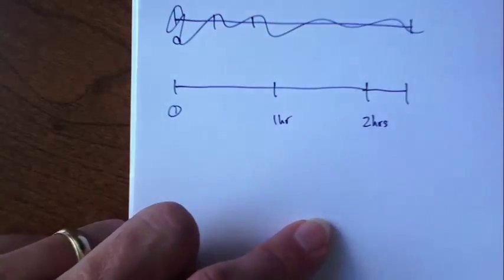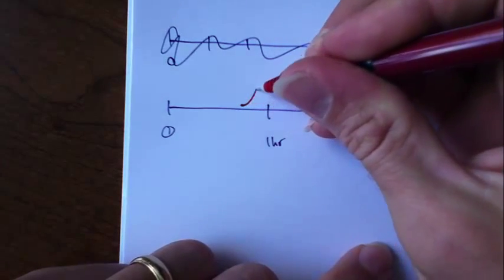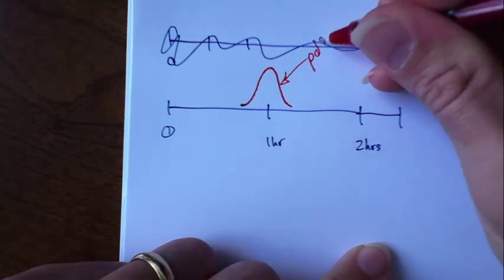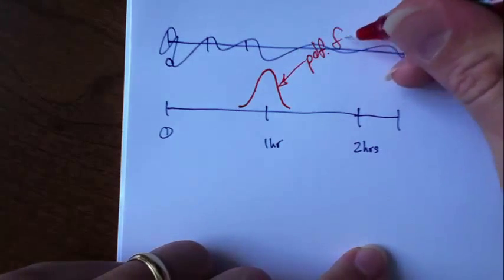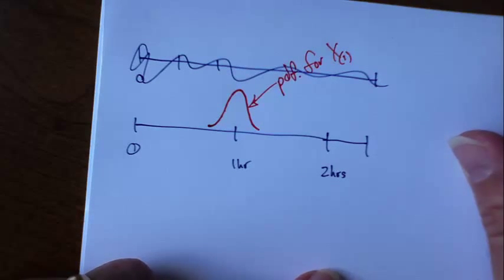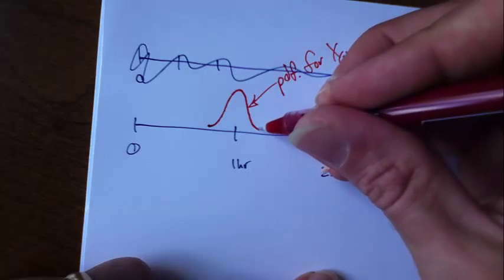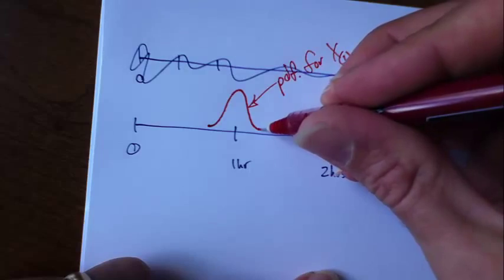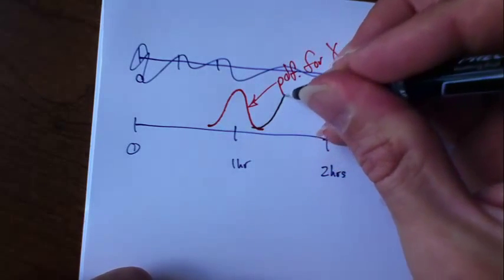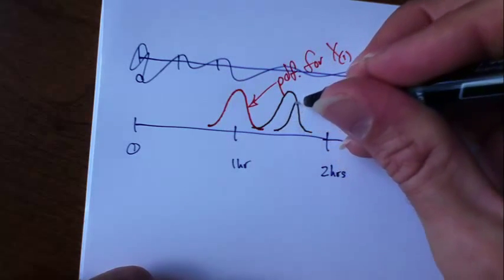So the idea is that if you're looking at maybe the PDF, maybe this is the probability density function for x1. Okay, something like that. And then maybe the PDF for x2, the marginal, is like there, and maybe the one for x3 is there.